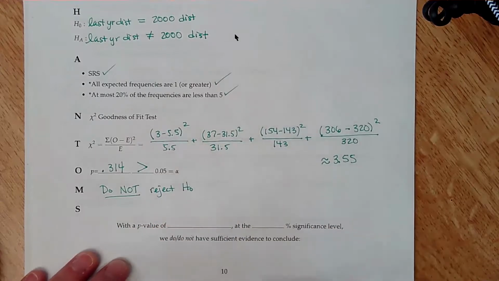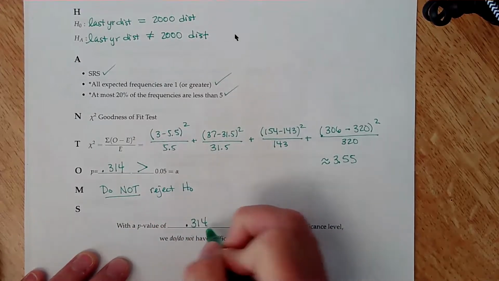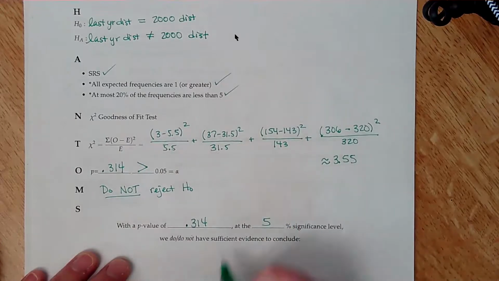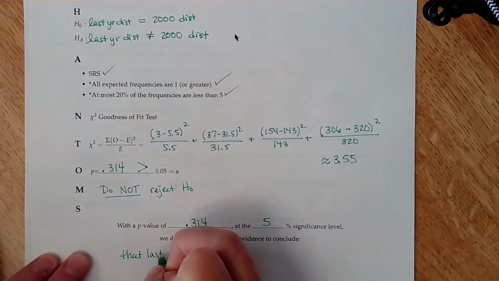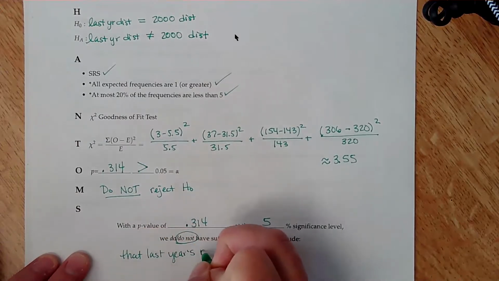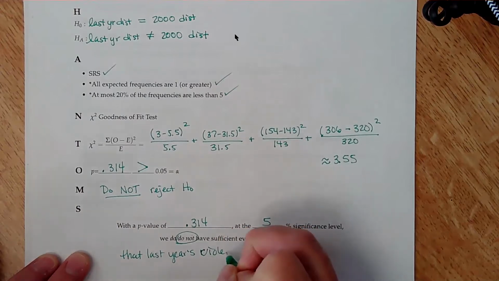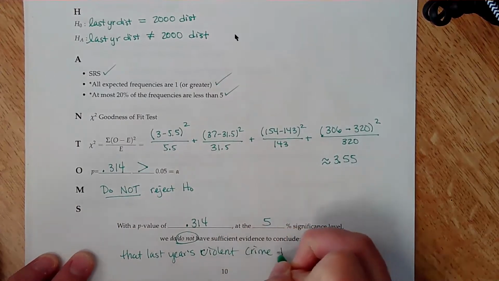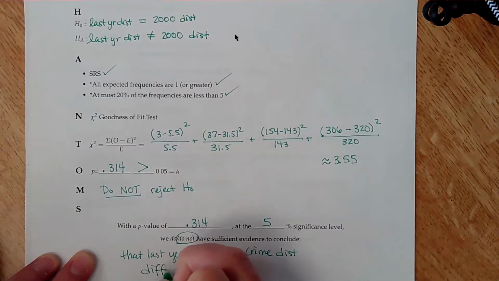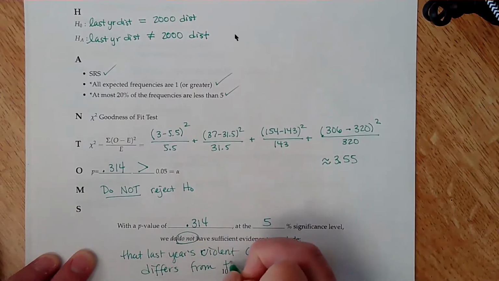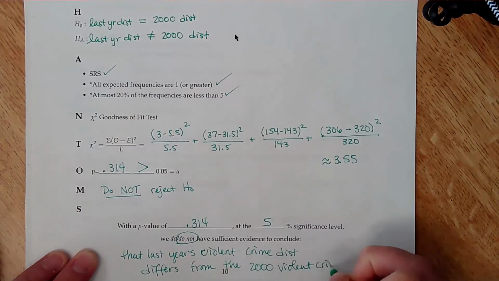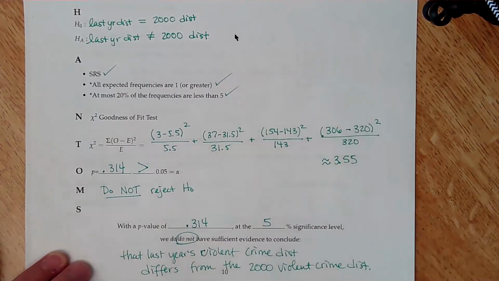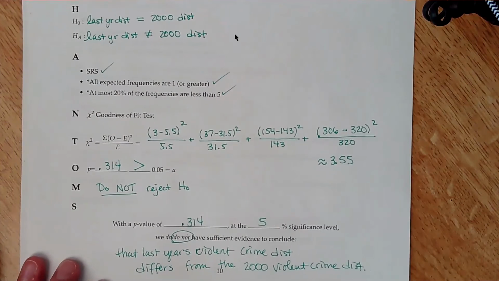So with a p-value of 0.314 at the 5% significance level, we do not have sufficient evidence to conclude that last year's violent crime distribution differs from the 2000 violent crime distribution. All right, that is a chi-squared goodness of fit test.